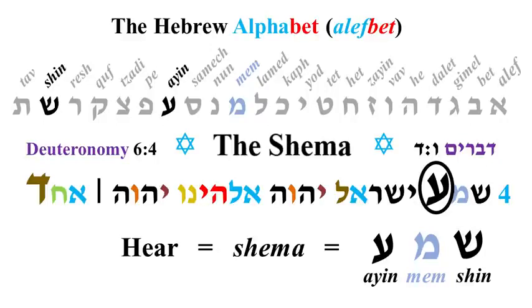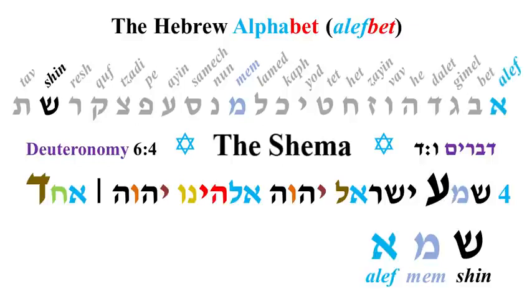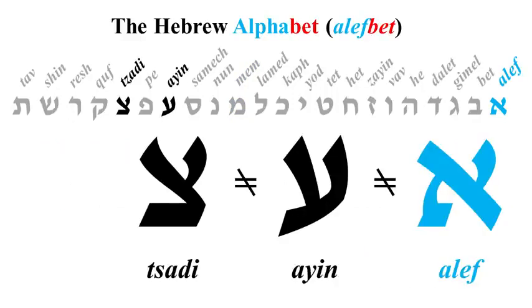The word Shema, we said, means hear, right? Hear, O Israel. If I just asked you how you'd spell Shema, and you didn't see this here, you'd think Shin, Mem, and you might be inclined to say Aleph. But remember I told you way at the beginning that Ayin is not a Tzadi, even though they look alike, and Ayin is not an Aleph, even though they sound alike.